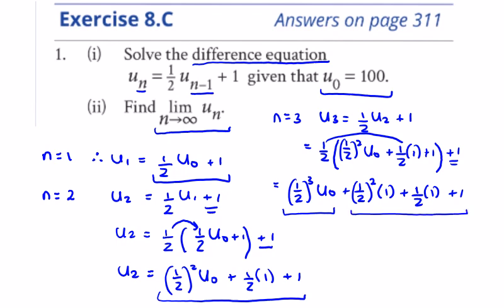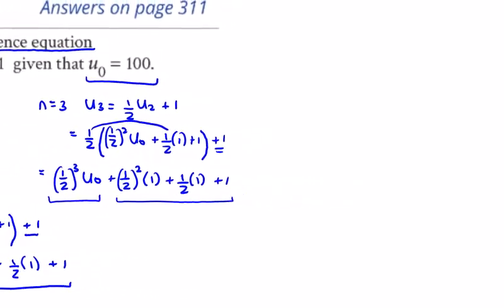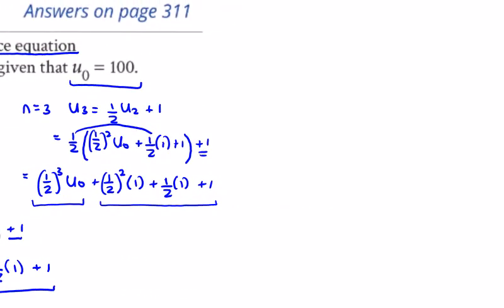So if we just move across to the side, we're going to get, therefore, un is equal to, well, u3 was this guy here, so un will be a half to the power of n by u0. And then separately down here, what is Sn of this?